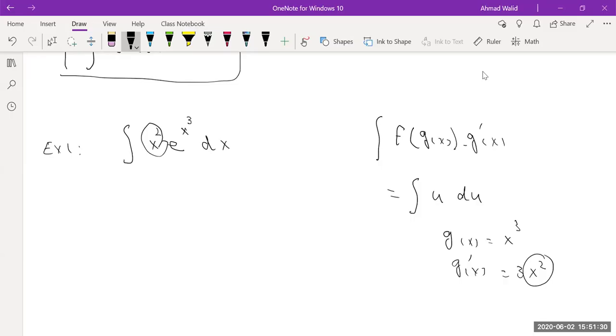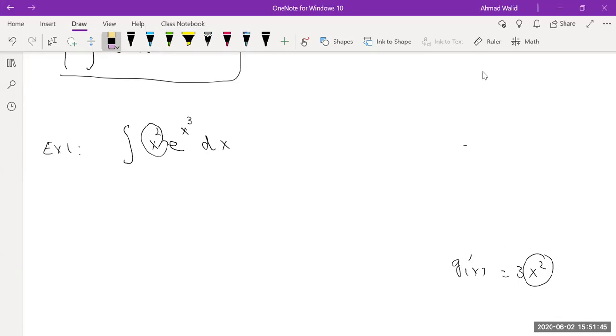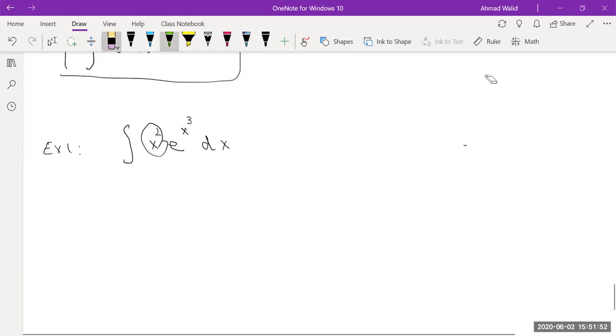Then I can write this one. I'll put u as x cubed. Let me erase here all these extra explanations for you and apply the substitution rule, right? Your u is x to the power of 3.